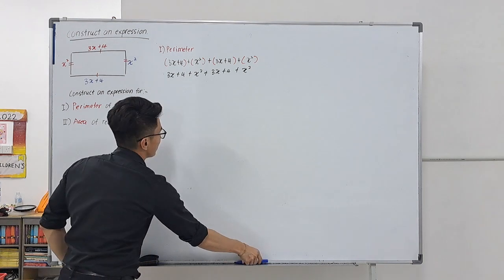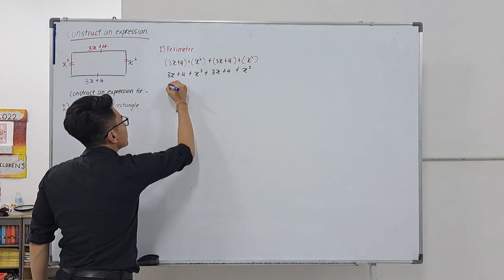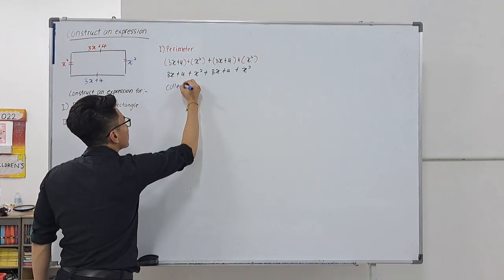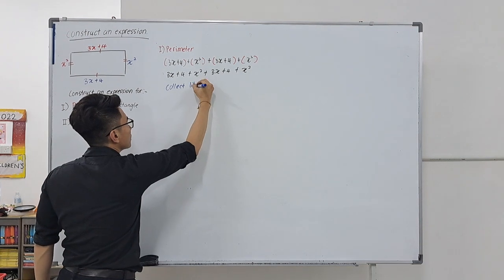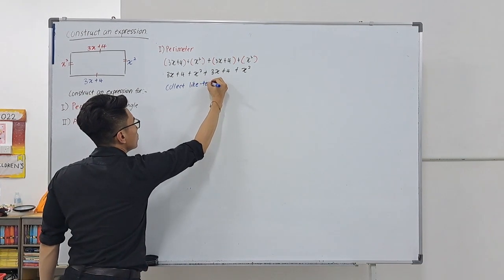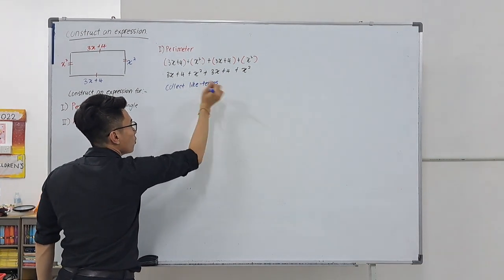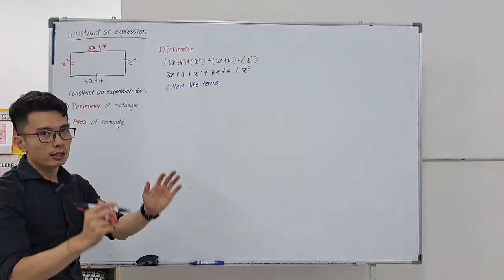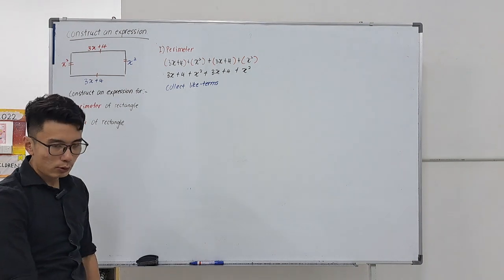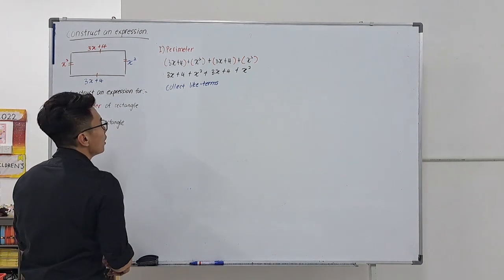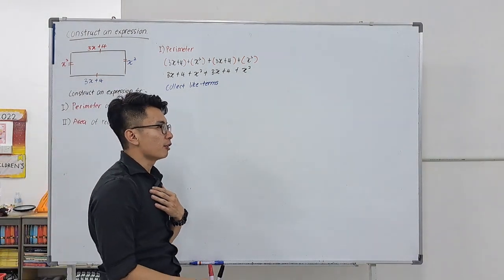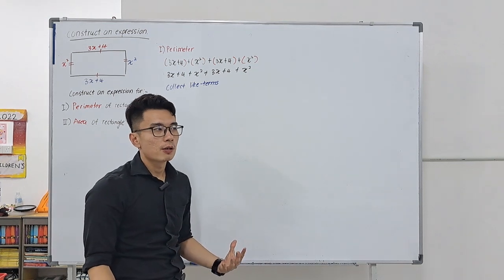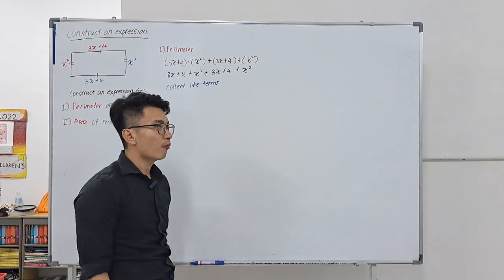It's something we call collecting like terms. What you will do with this expression is collect like terms together. So what do I mean by like terms? How would I say it in my own way? Arrange them according to the same family.